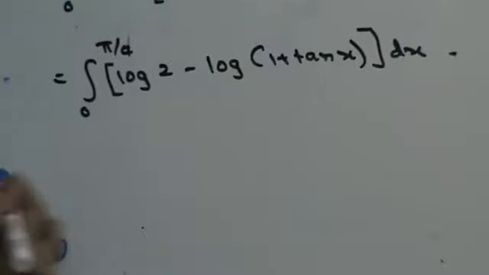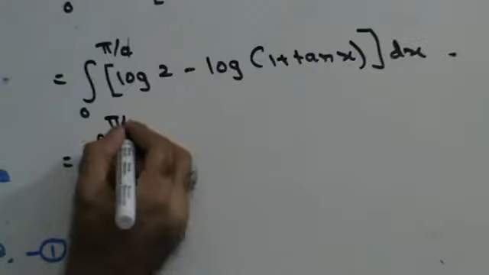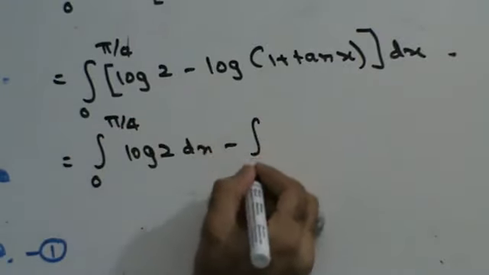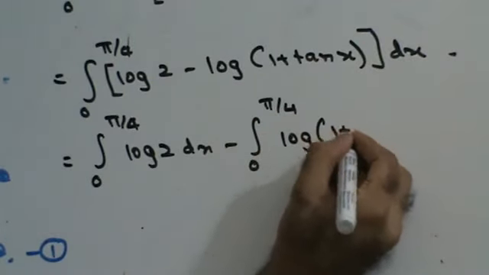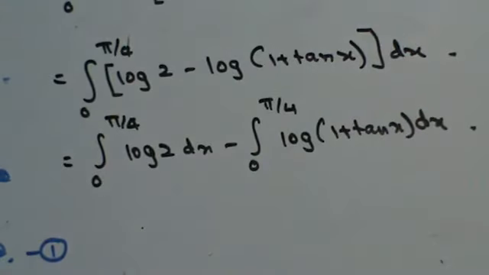Now split the integral sign. This is integral of 0 to pi by 4 log 2 dx minus integral of 0 to pi by 4 log 1 plus tan x dx, right?